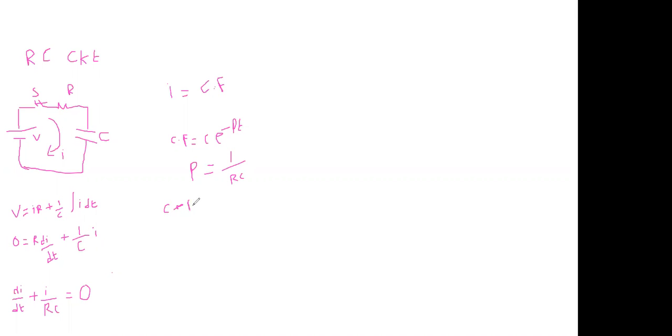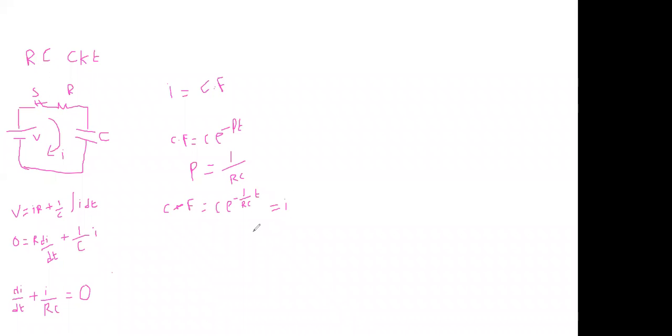So the complementary function equals C into e power minus 1 by RC into t. This is the solution for the current.